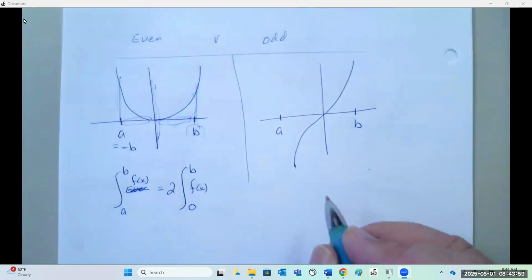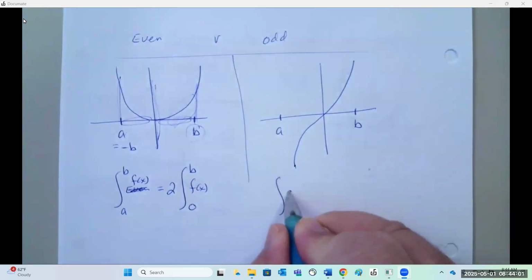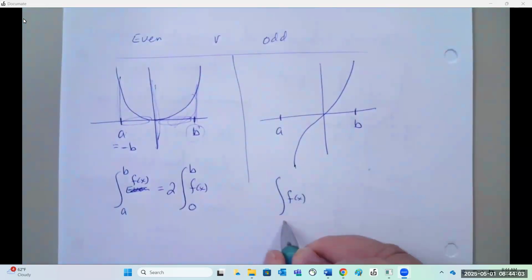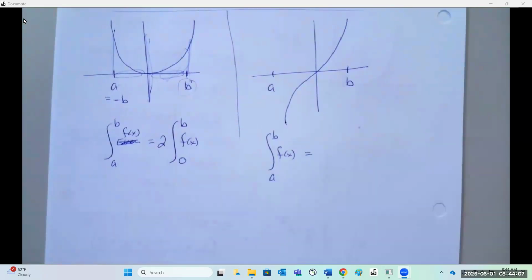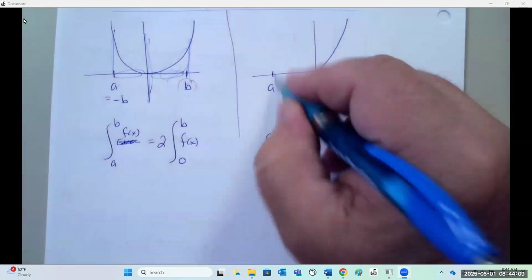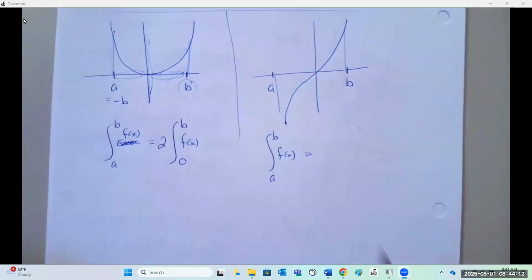If it's an odd function, we know the area is going to give us 0.